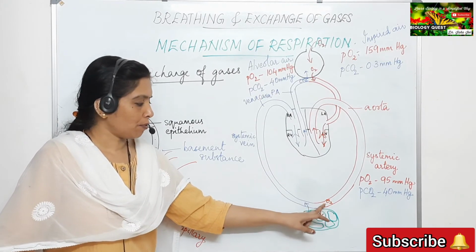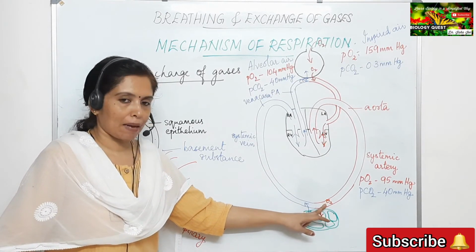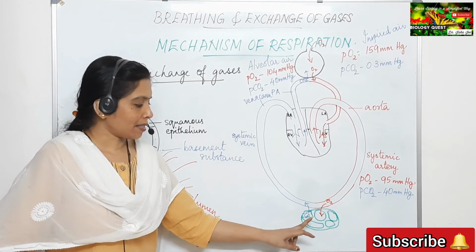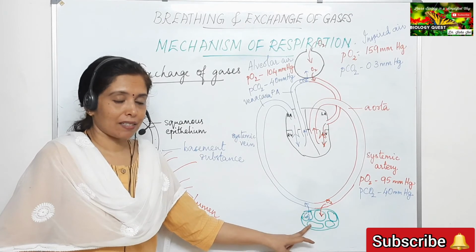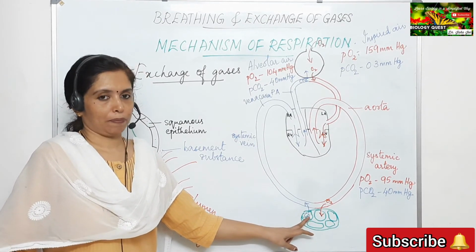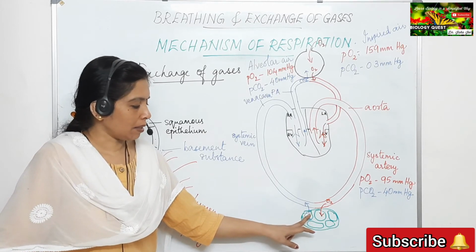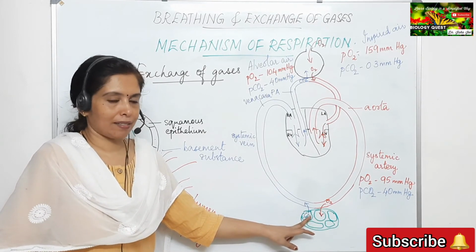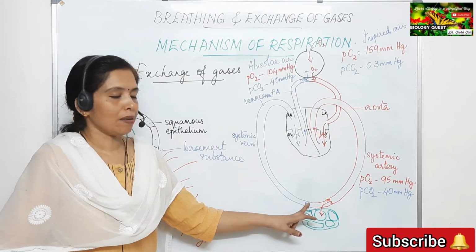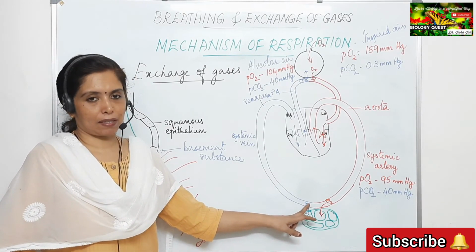So, oxygen diffuses from the blood in the capillaries into the cells of the tissue. Whereas in the cells, the partial pressure of carbon dioxide will be more. So, the carbon dioxide from the cells diffuses through the diffusion membrane into the blood in the capillaries.